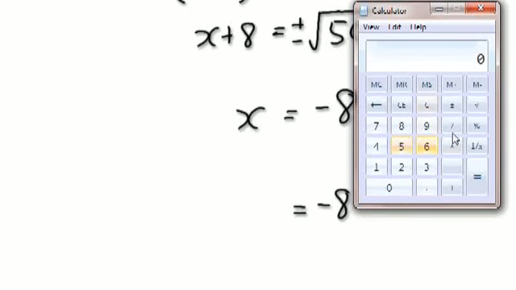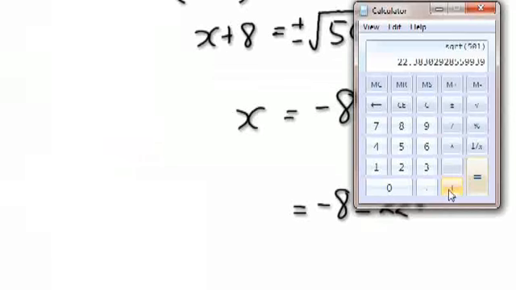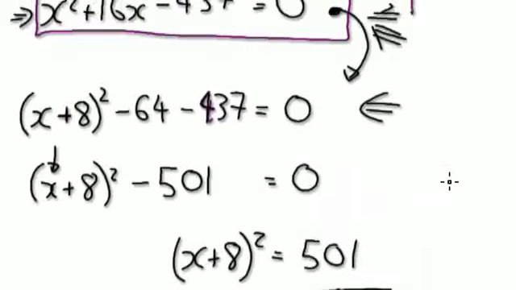Let me put 501 into my calculator first, and then square root it. This will give you 22.38. So it will be plus or minus 22.38.